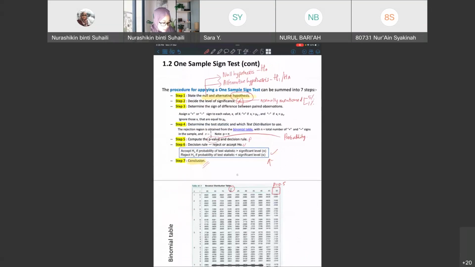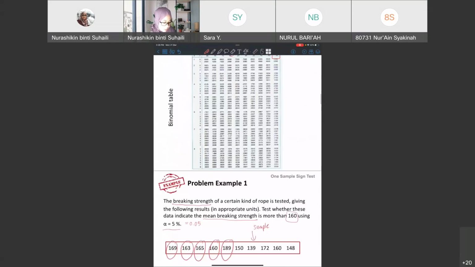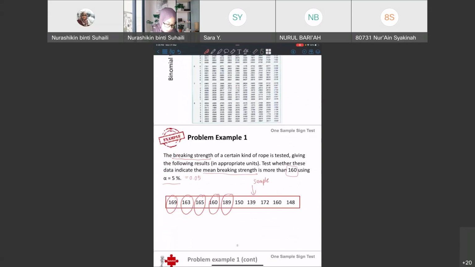Step 1, state the null and alternative hypothesis. Means how to write down the hypothesis. The null, so you are comparing with 160, and this one you call it mu, the mean. So for the null, you expect that there is no change or no difference between the mean and the 160.